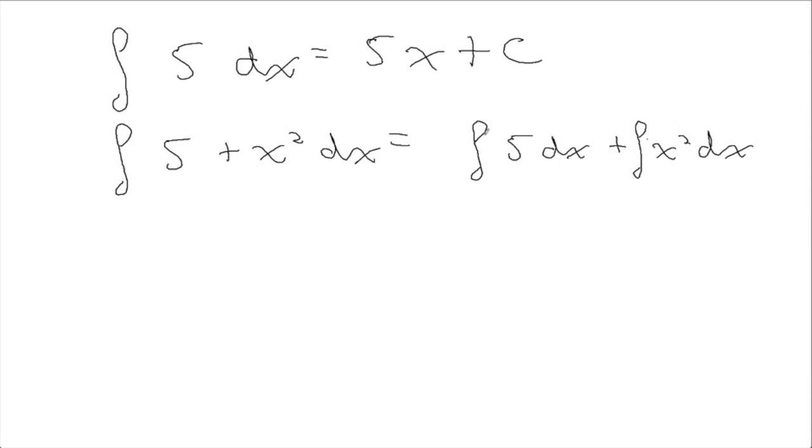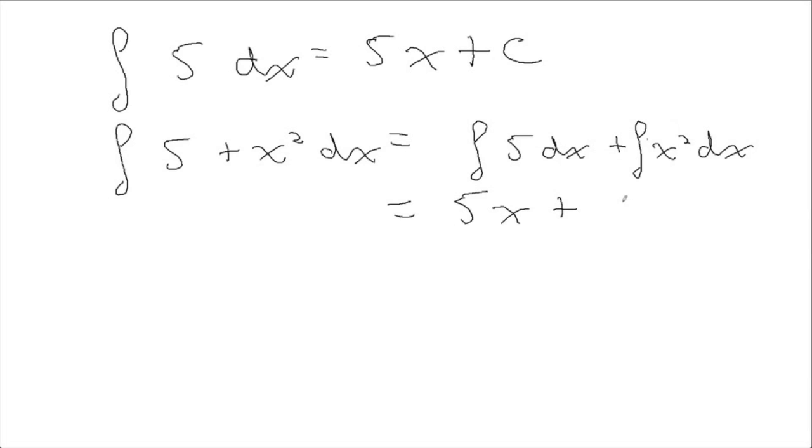The antiderivative of a sum is the sum of the antiderivatives. So you can split it up like this. Antiderivatives work well for sums. And then what's the antiderivative of 5 dx? 5x plus c. Good.